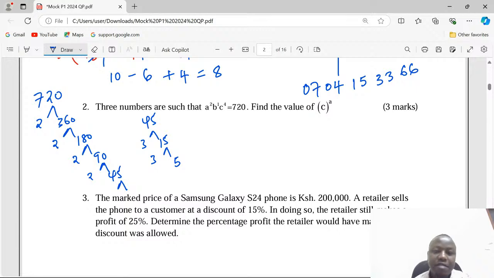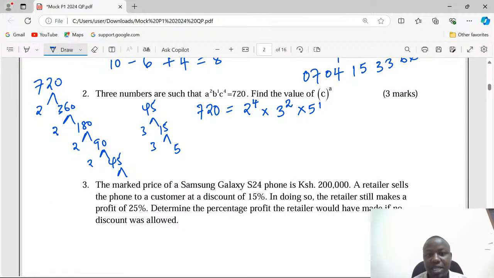I think 5 is the last prime factor. Now the prime factors are: 720 equals 2 power 4 multiplied by 3 power 2 multiplied by 5 power 1. That is now the simplified format of 720.